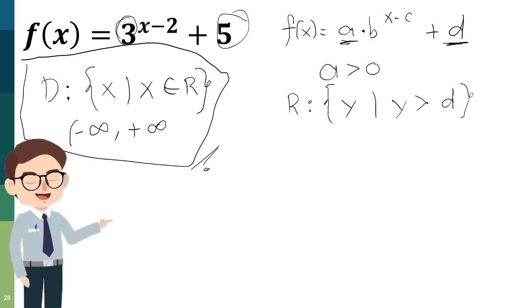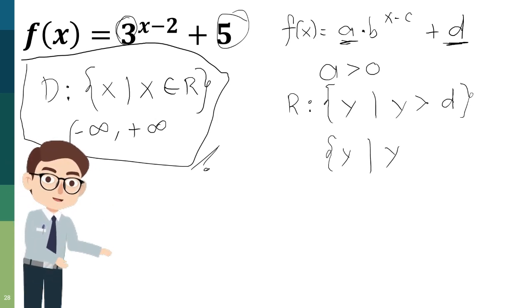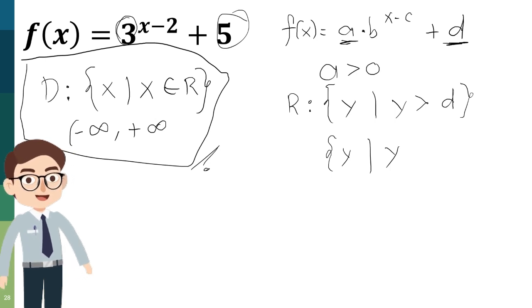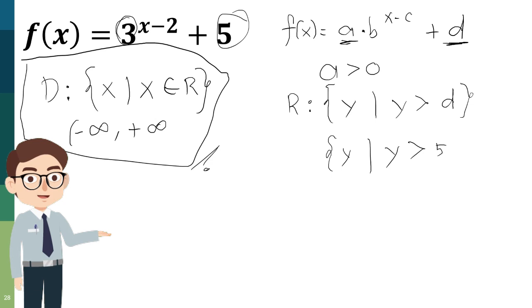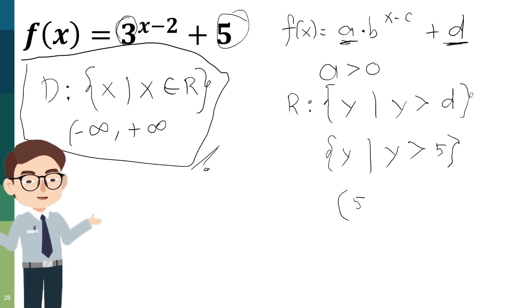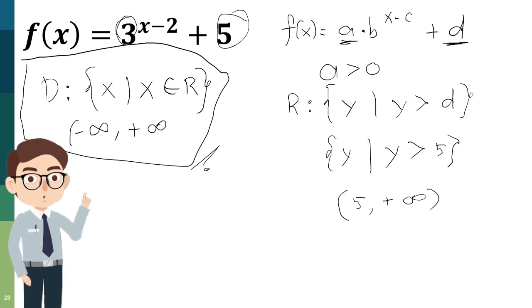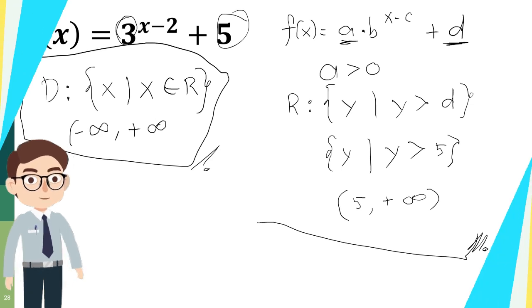And what is your d? That is equal to 5. So y is greater than 5. To write it in interval notation, that is 5 up to positive infinity, and that is our range.